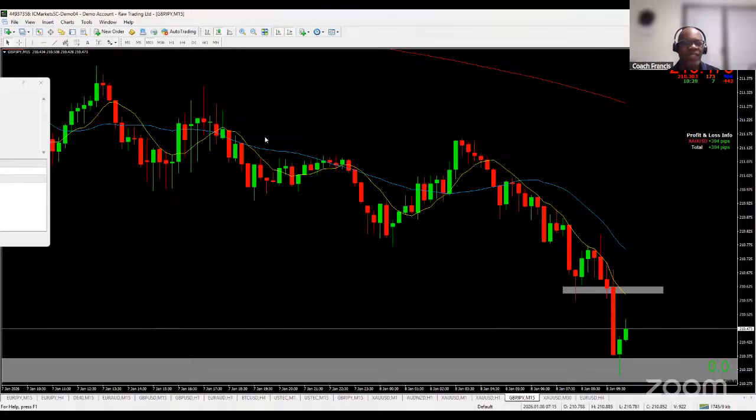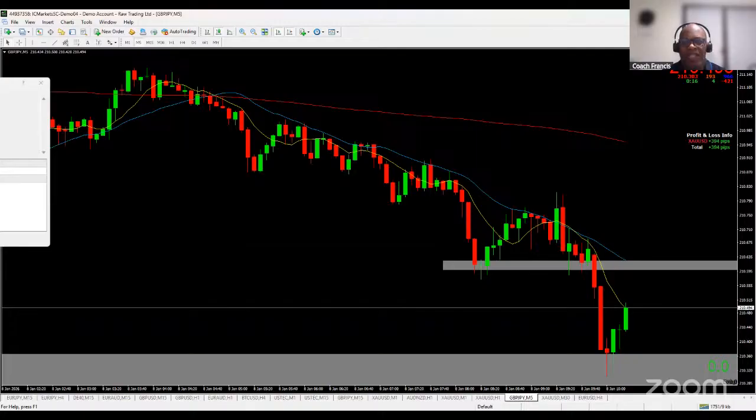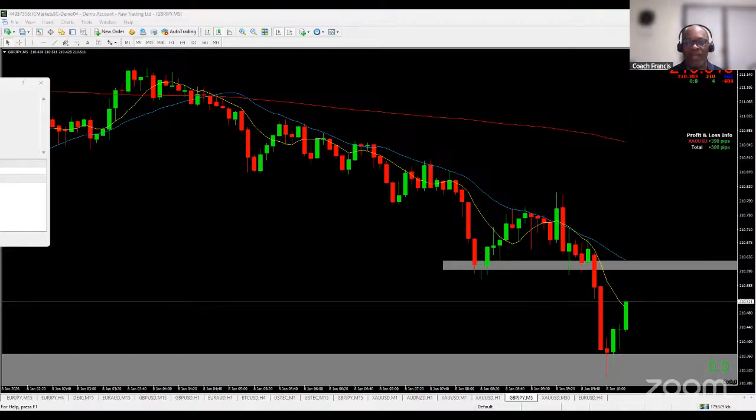I prefer to enter a trade where I have peace of mind. I want to be able to set and forget, in the sense that you enter the trade and let it play out, not panicking and watching it every single second. I don't have time for that.